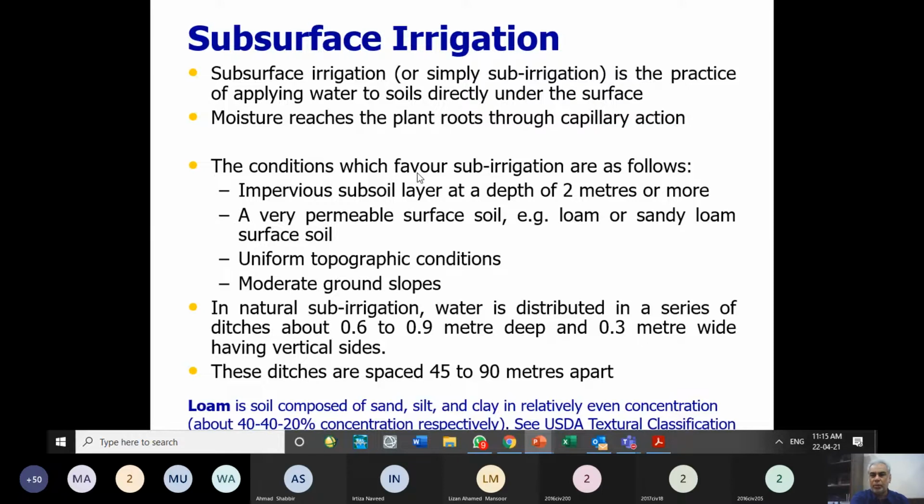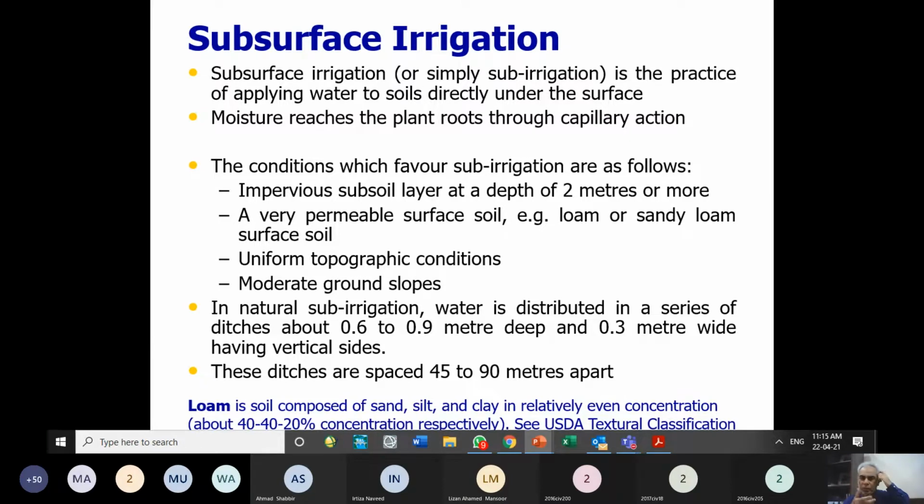The conditions which favor subsurface irrigation are as follows. It needs a layer of impervious soil at 1.5 to 2 meter depth, below the root zone depth. The upper layer should not be impermeable, which would not allow the movement of water within the pores.